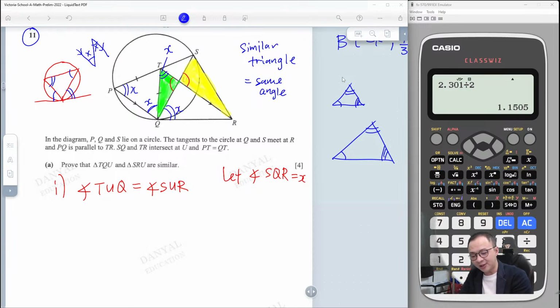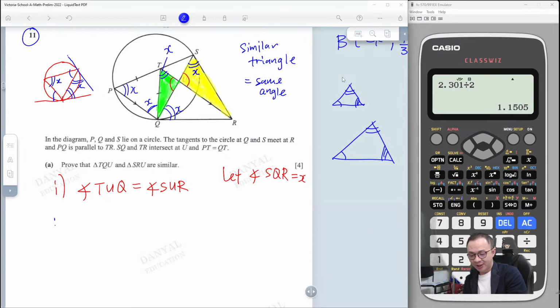So if these two are the tangent, then, a lot of information going on. So we have another tangent here. So if we have this tangent point, this angle x will be the same with this angle x also. So therefore, this angle will be x also.